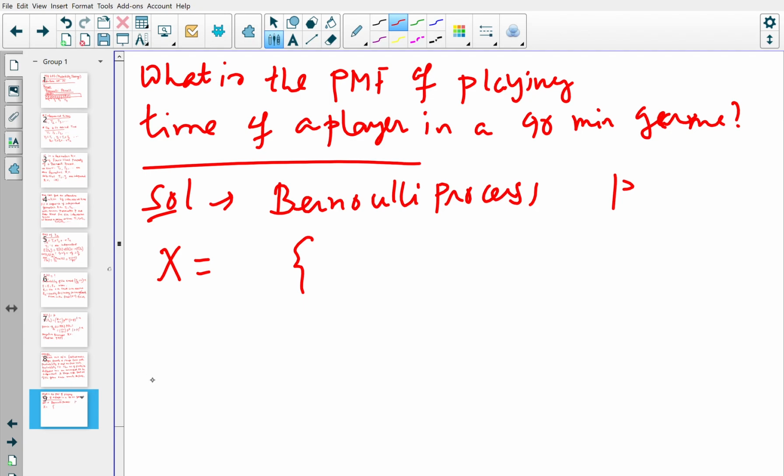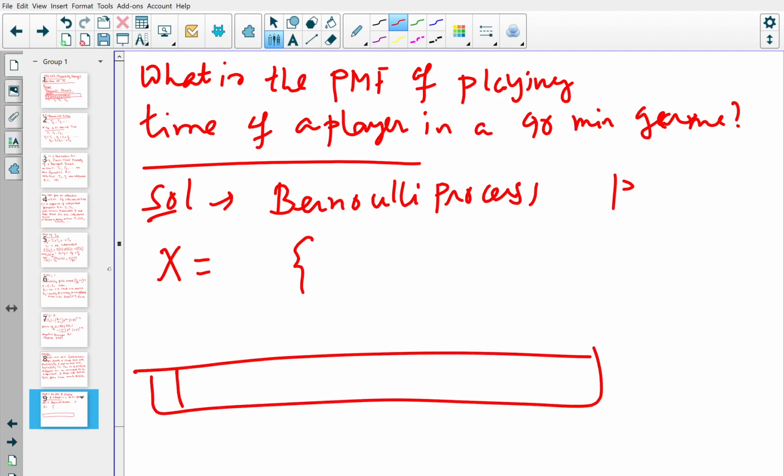You divide the time into slots of one minute each, and there are 90 slots. So you have no foul, no foul, and then a foul, which is a success. There is no foul here, and then again a foul, a success. Clear? The moment he reaches 6 successes or 6 fouls, he will be out of the game, right?